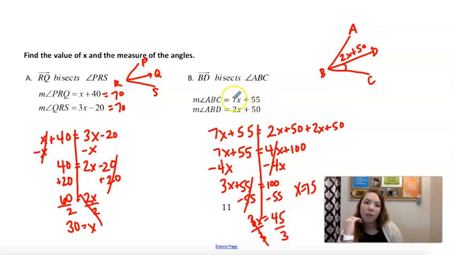Okay, and if you plug 15 back in, 7 times 15 plus 55 is 160. And that's the big angle. So the smaller angles should both be 80. They're half of that. So let's check. 2 times 15 plus 50 is 80. So that checks out.